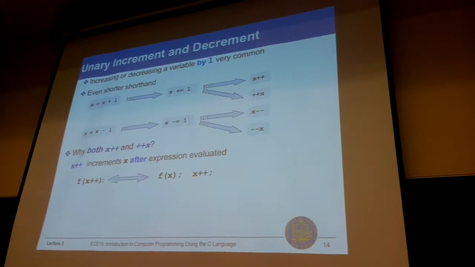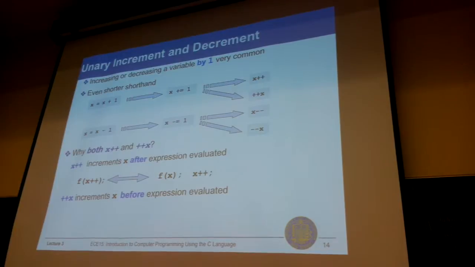The compiler interprets this as calling the function with x, and then incrementing x. So when you call the function, it's not getting x plus 1, it's getting x. But when this line of code is finished, it'll actually increment the x value.